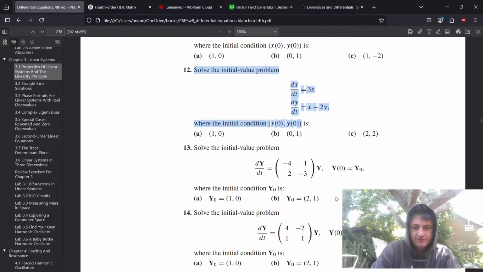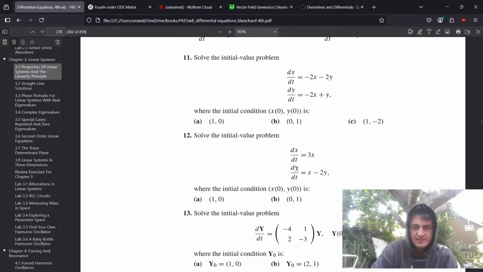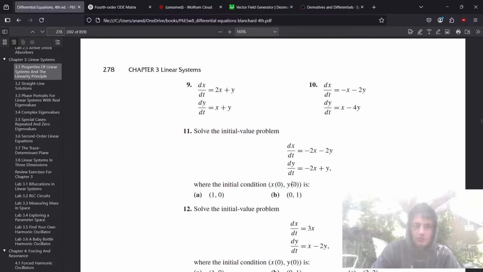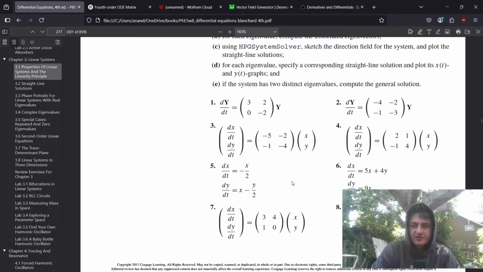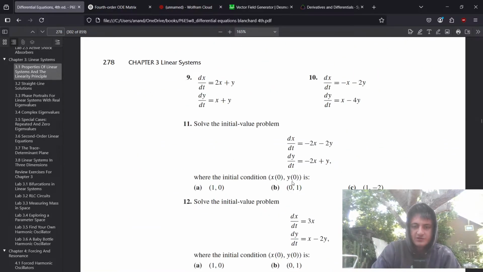Another linear solve. Okay, this is the exact same problem. So 1 through 10 is just finding eigenvalues and eigenvectors and potentially finding a general solution.